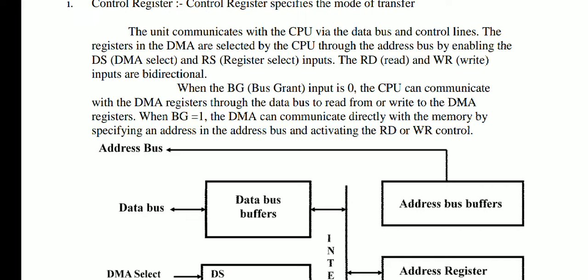When BG, the bus grant input, is 0, the CPU can communicate with the DMA registers through the data bus to read from or write to the DMA registers. When BG equals 1, the DMA can communicate directly with the memory by specifying an address in the address bus and activating the read or write control.